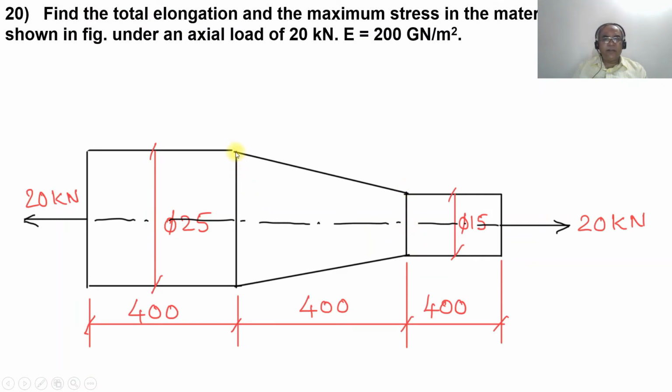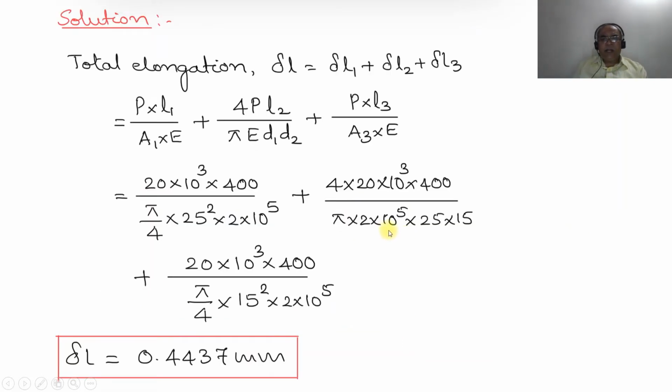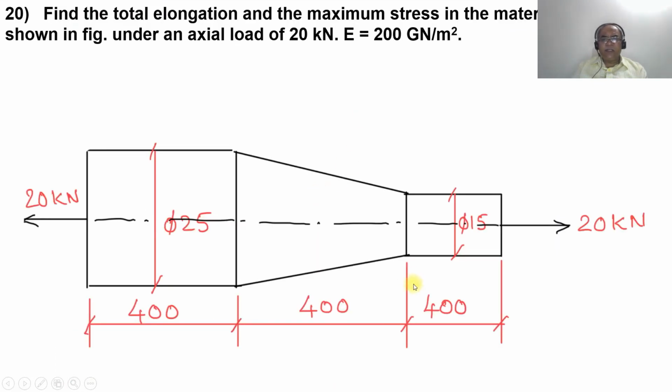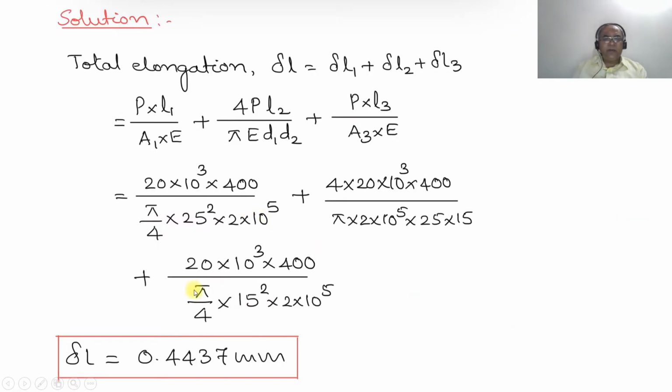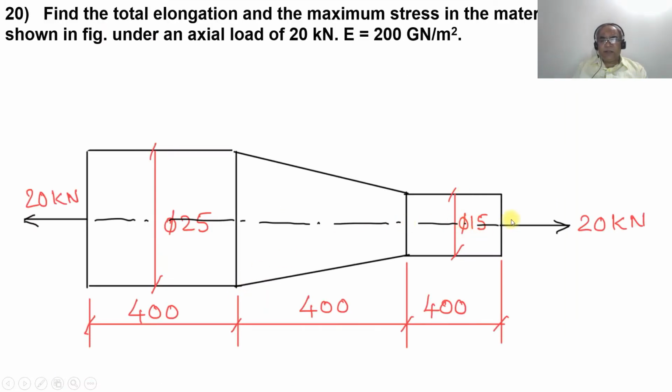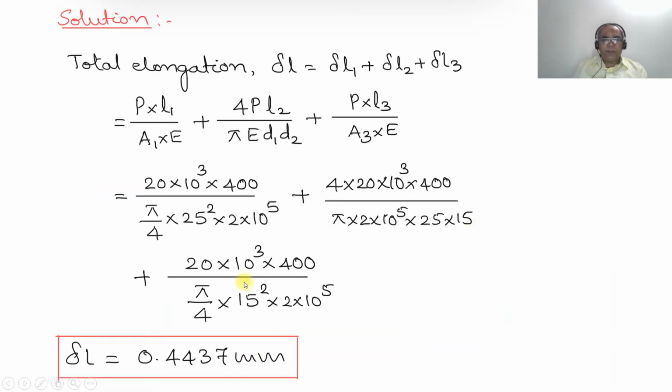Plus P again, 20 into 10 to the power of 3, into L3, which is 400 again, divided by pi by 4 into 15 square, since the diameter is 15, into 2 into 10 to the power of 5.